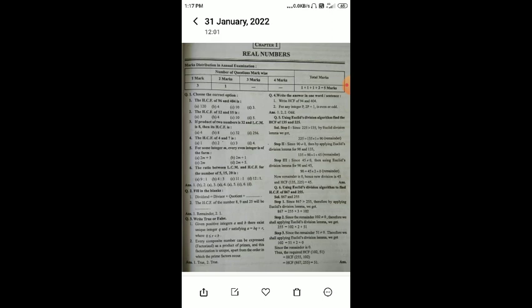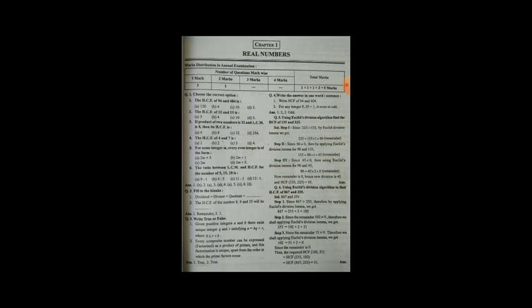So the validity of this algorithm is that you have to get the end result of remainder equal to 0. If you do not get a remainder 0, then it is an invalid algorithm. You have to solve until the remainder comes 0. So in this case remainder comes 0, so 45, which is your divisor, will directly become the HCF of 135 and 225.